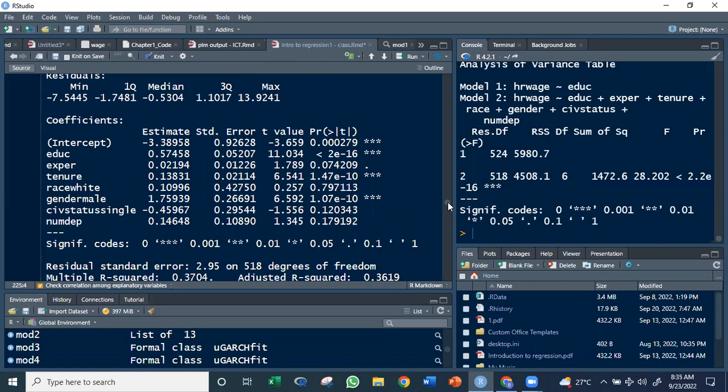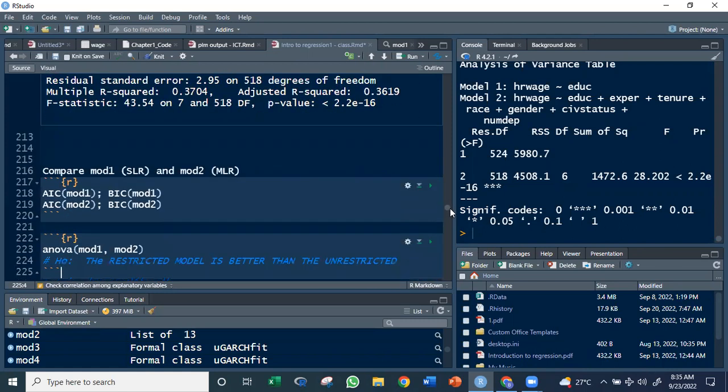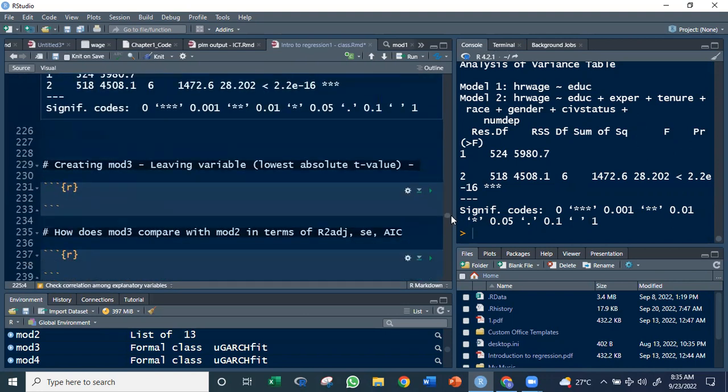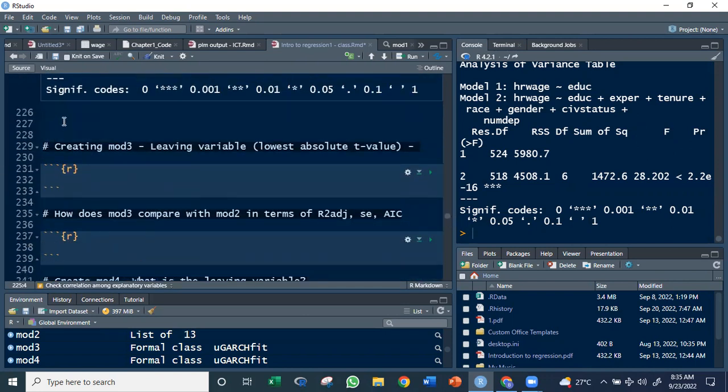Okay, the answer is not, guys. We don't do that. We will do what we call a stepwise regression. Okay, so papunta na tayo dito sa stepwise regression. Ano yung stepwise regression?